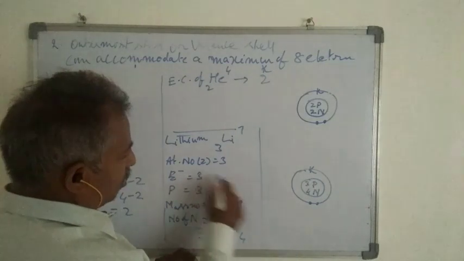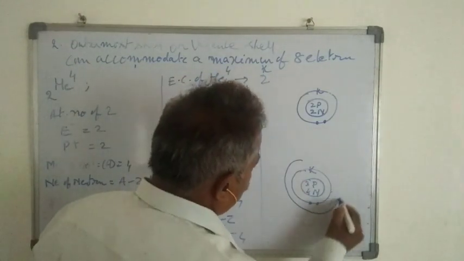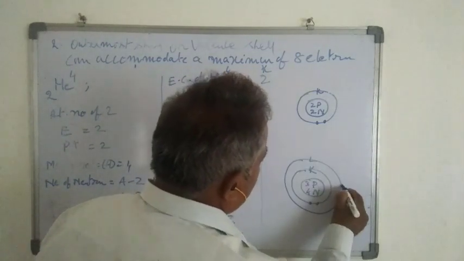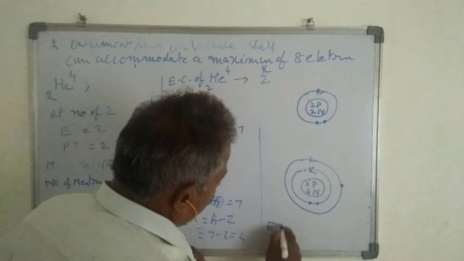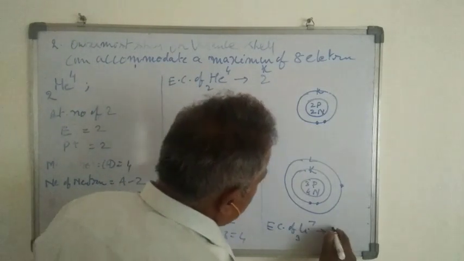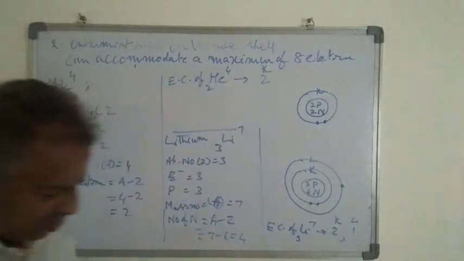Out of 3 electrons, 2 are accommodated and 1 is left. This electron enters the next energy level, that is L. So here is one more electron. Therefore the electronic configuration of lithium is 2, 1. This is the K shell, this is the L shell.